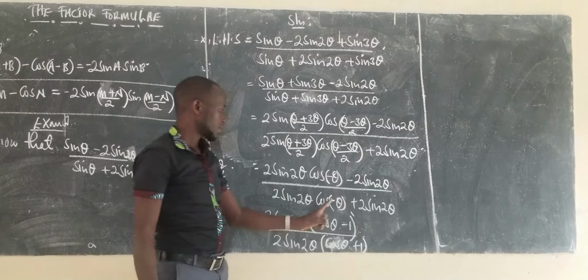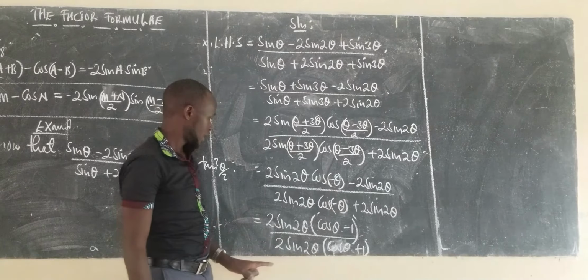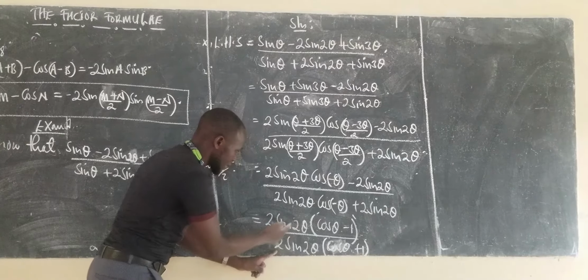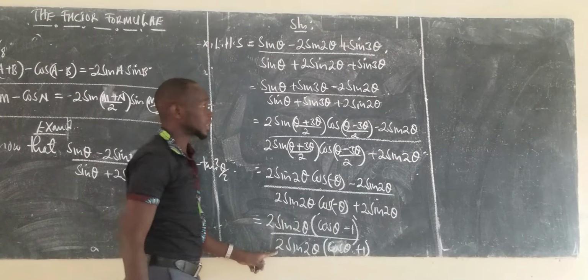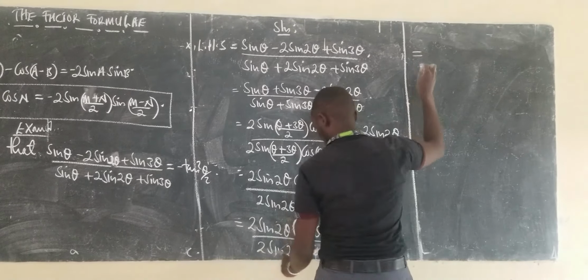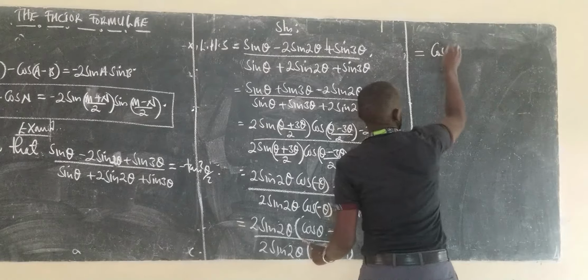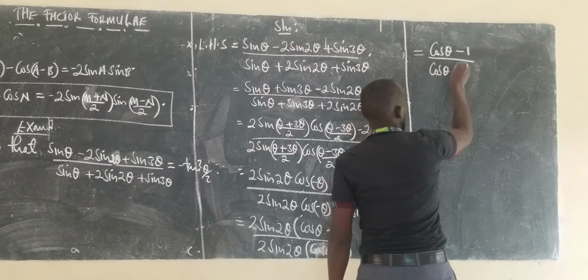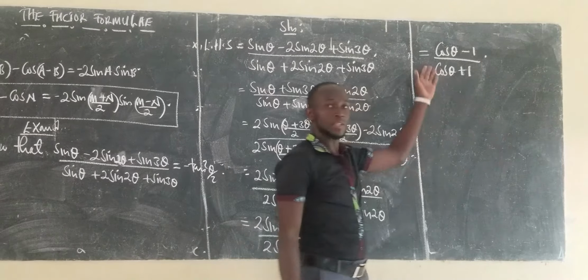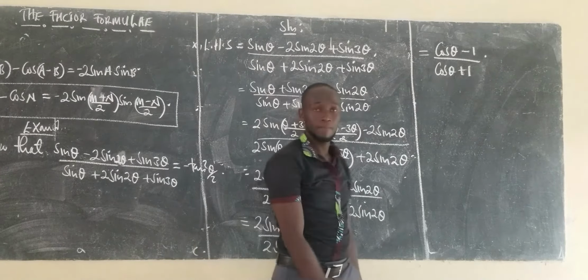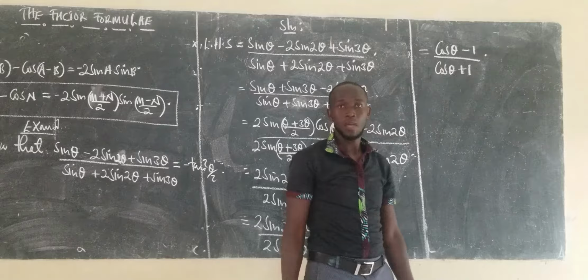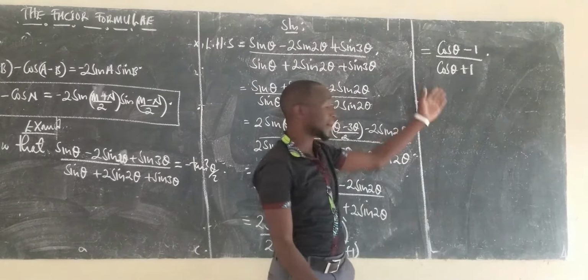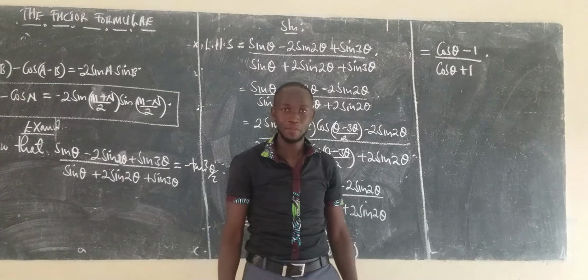I told you the negative does not affect a cos. So when you look at this, this now shall cancel with that one. So we shall have cos of theta minus 1 divided by cos of theta plus 1. When you get to this level, you can either rationalize and do the needful, or you go back to double angle and buy a level from there.